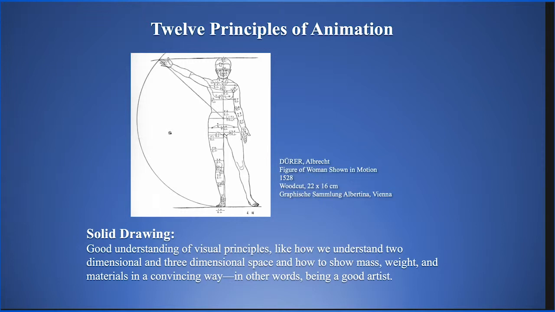And then solid drawing. A good understanding of visual principles, like how we understand two-dimensional and three-dimensional space, how to show mass, weight, and materials in a convincing way. In other words, being a good artist. So here's a picture that Albrecht Dürer did of a figure of a woman in motion. And you can see that just getting the proportions of the figure and the way that a figure moves.